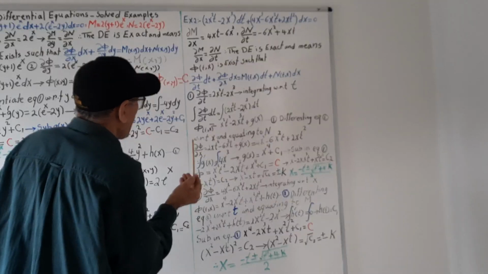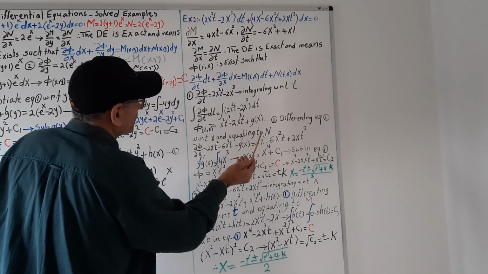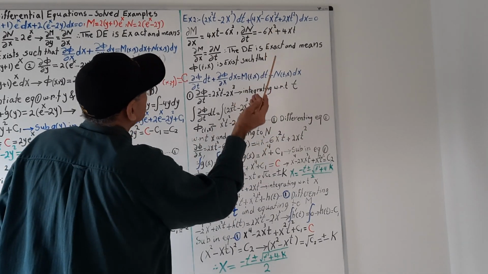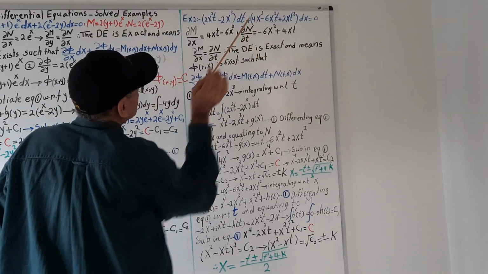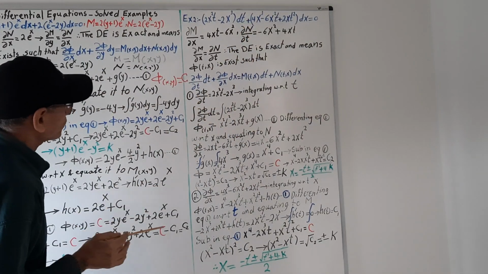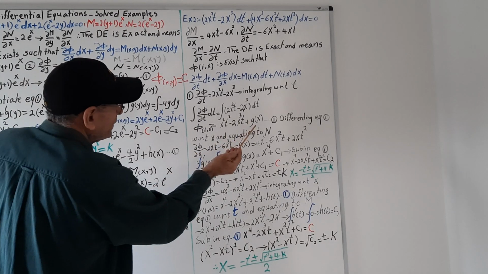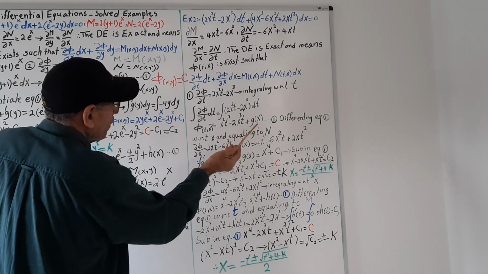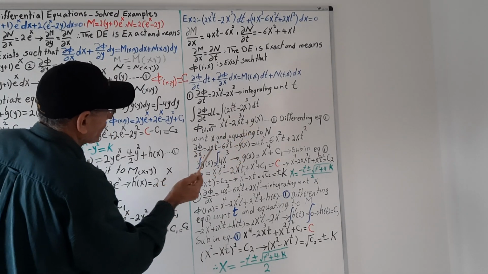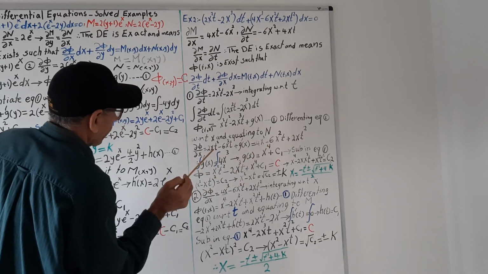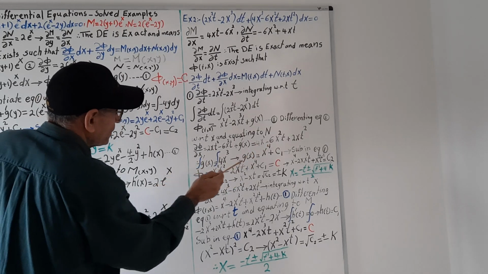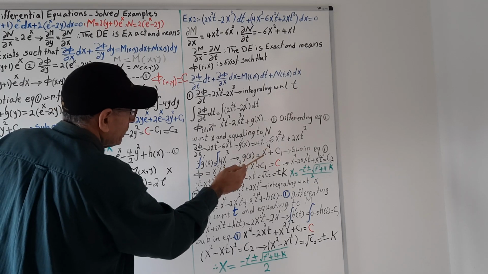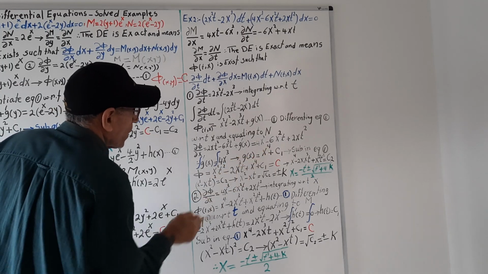Differentiating equation 1 with respect to x and equating to N, we need to find g of x. Okay, and then integrate g prime of x. It will be x to the power 4 plus c1.